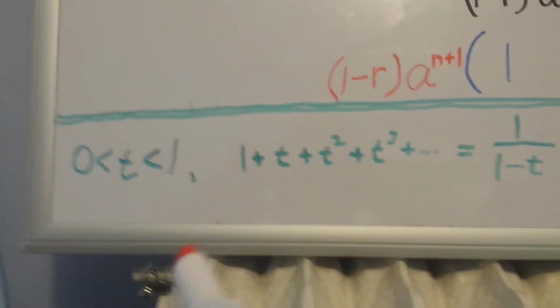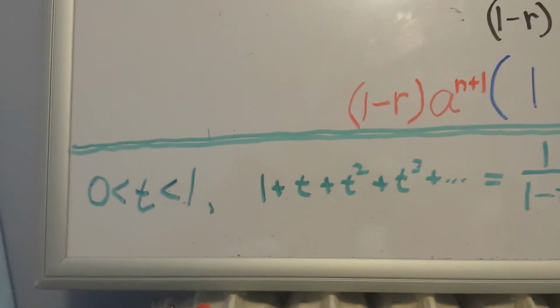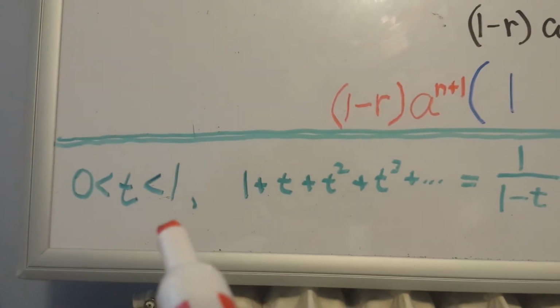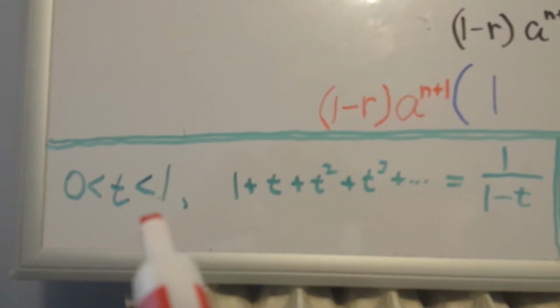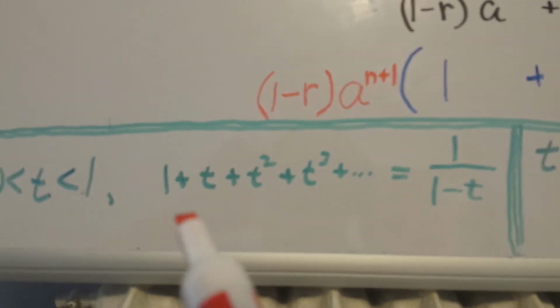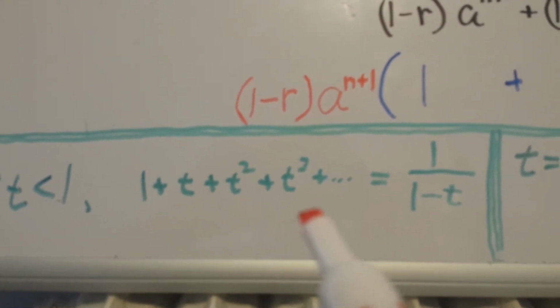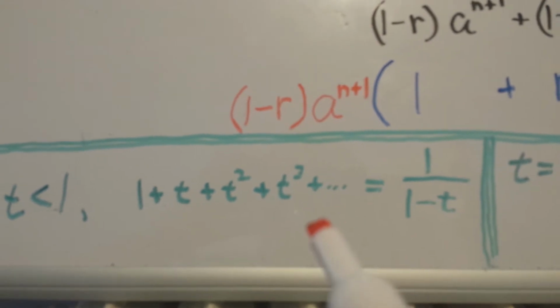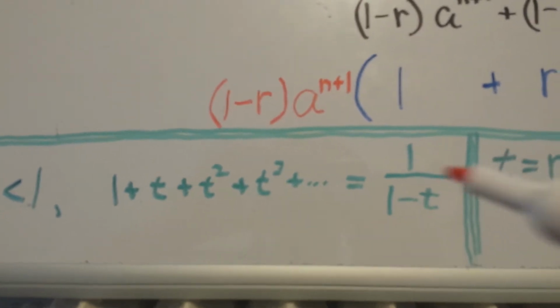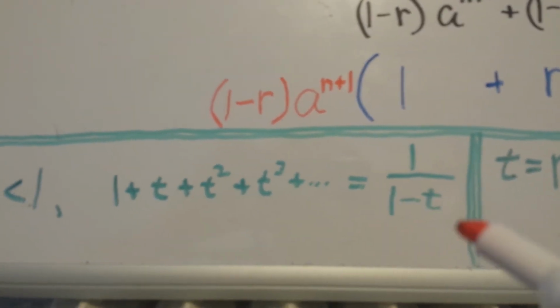And because we know that to sum an infinite geometric series, when t is between 0 and 1, we get 1 plus t plus t squared plus t to the third, ad infinitum, equals 1 over 1 minus t.